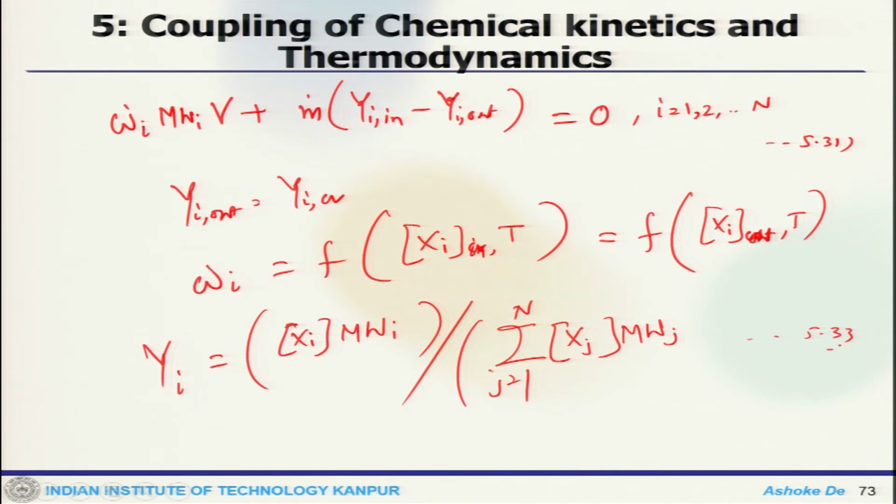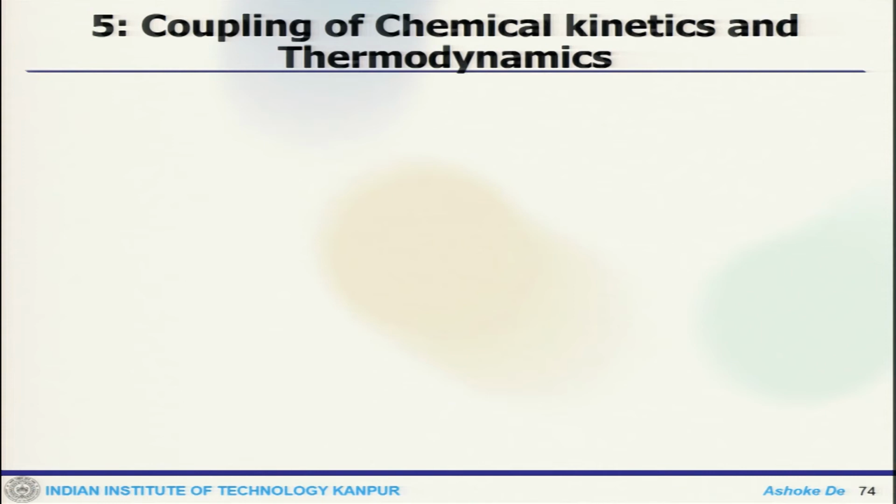So, this is what one can get. Now, 5.31 here can be written for n number of species to provide n number of equations, because this equation is valid for 1 to n, and there would be n plus 1 unknowns, assuming m dot and V are known. So, the additional equation comes from the energy balance.